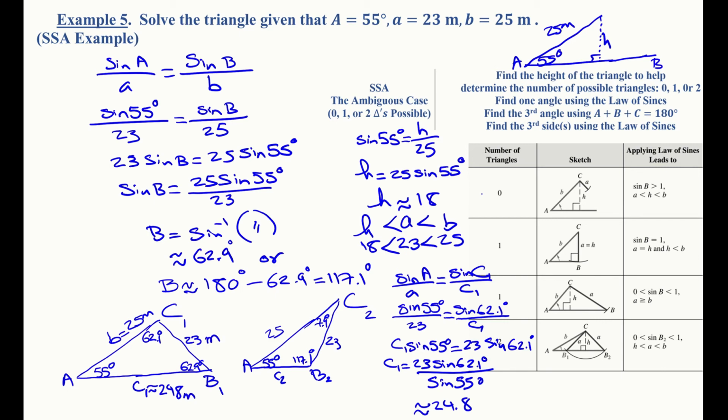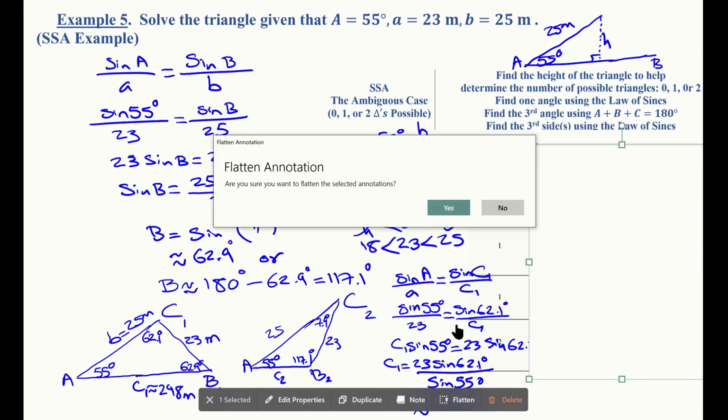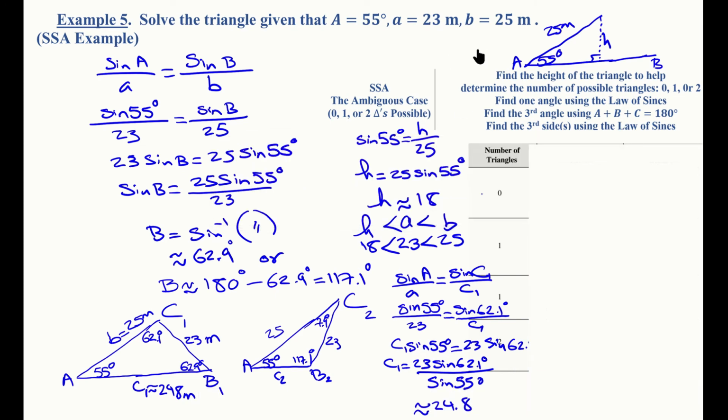All right, so the last thing we're going to do is take care of this other one, find C2, and we'll be basically done. So this time it's going to look very much like this, except we're going to have C2 and C2.